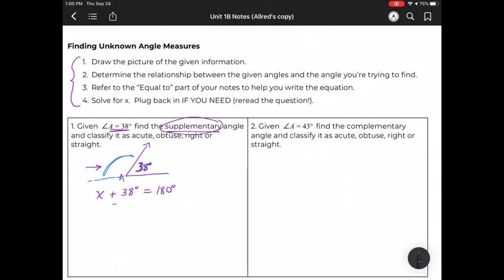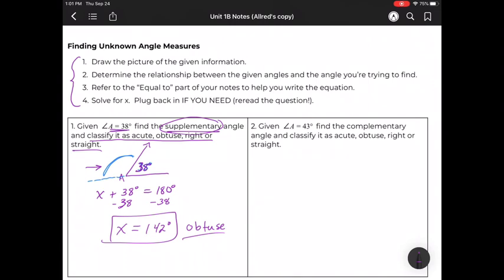So what we're going to do is subtract that 38 and get that x, that unknown angle measure, is 142 degrees. And we do need to classify that now, rereading the problem, as acute, obtuse, or right. Well, that angle is greater than 90 degrees, so that means it is obtuse.